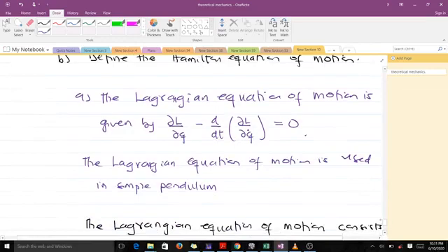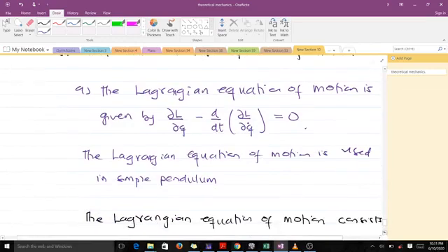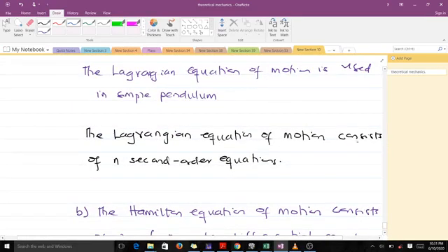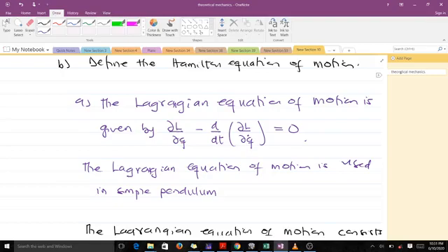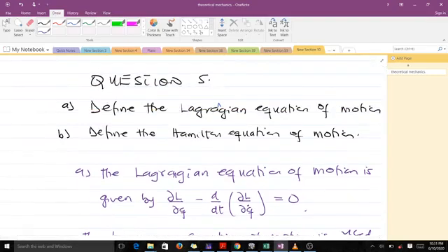The main difference is that the Lagrangian equation of motion consists of n second order equations, and the Hamilton equation of motion consists of 2n first order differential equations. So let's answer the question proper, but that's the main difference between the two equations of motion.